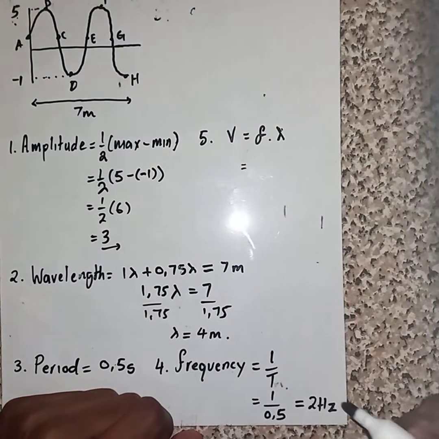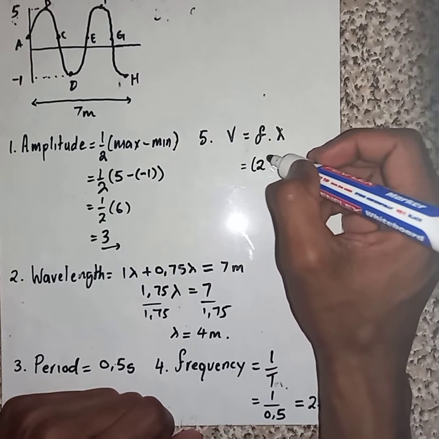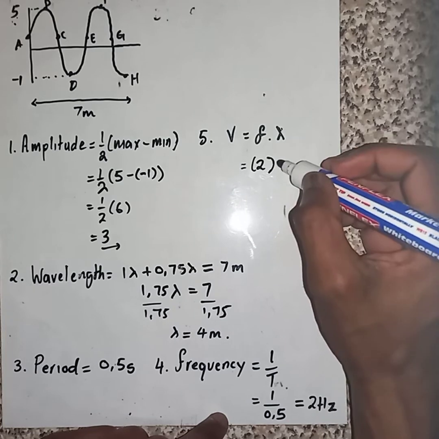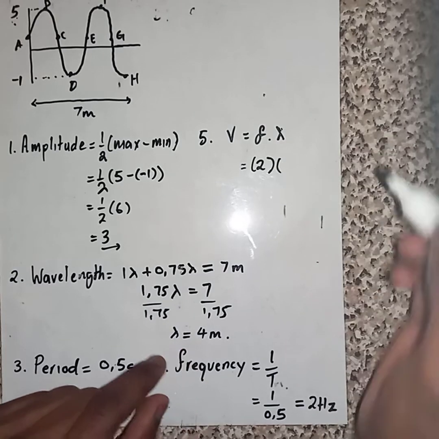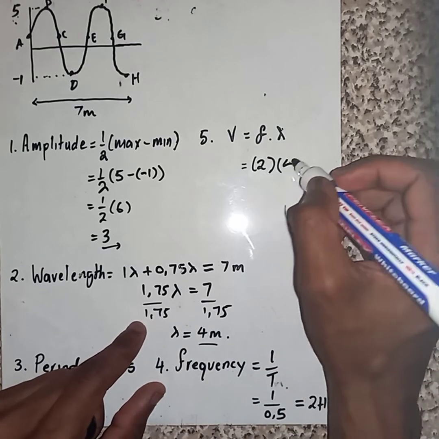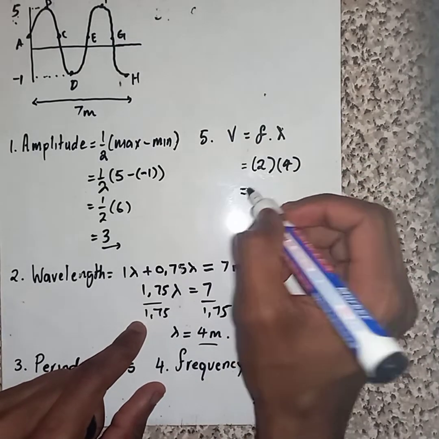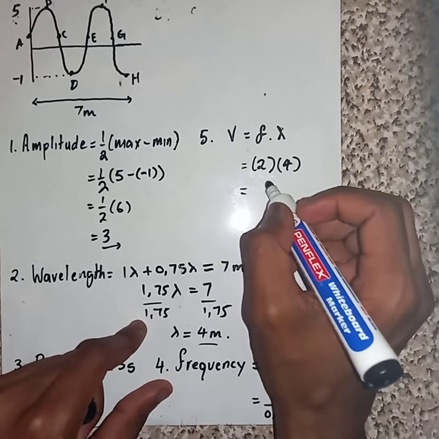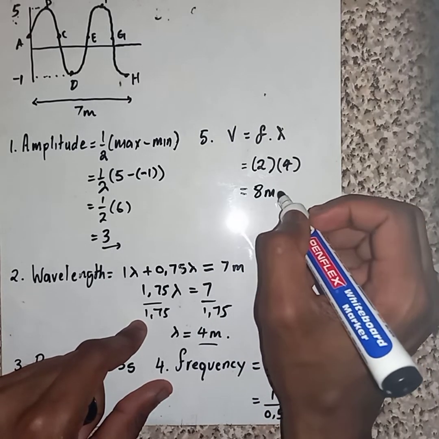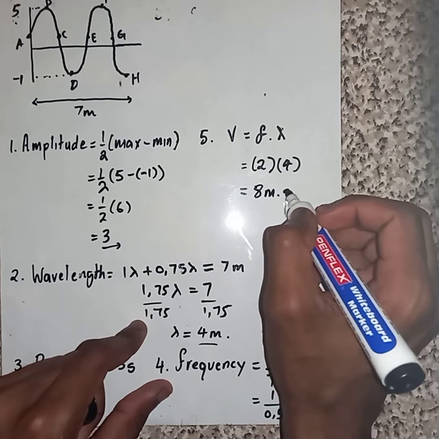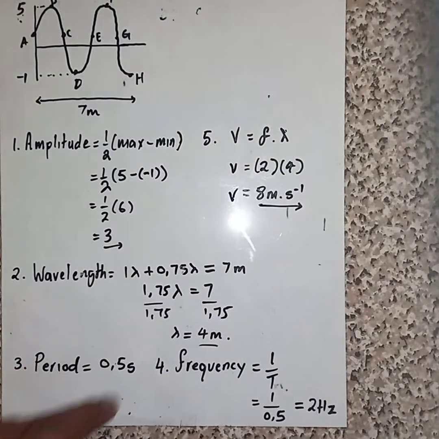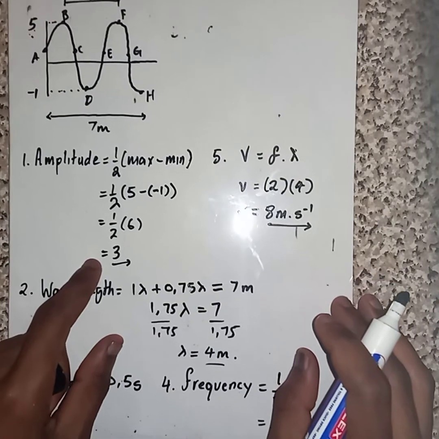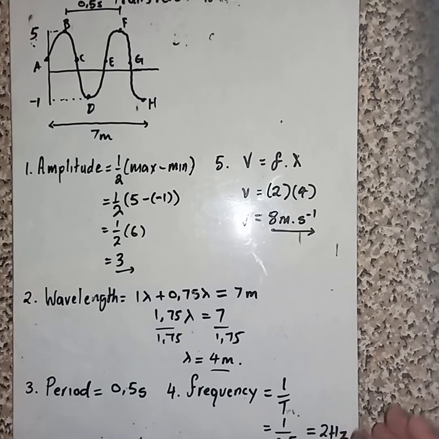Do we have frequency? Yes. It's 2. Our wavelength in this case is 4. See? Then if we multiply 2 by 4, we are going to get 8 what? Meters per second. You see? Then this is going to be our speed. Then yeah, we are done with this question.